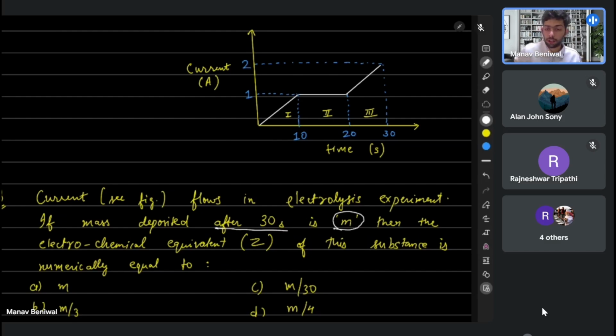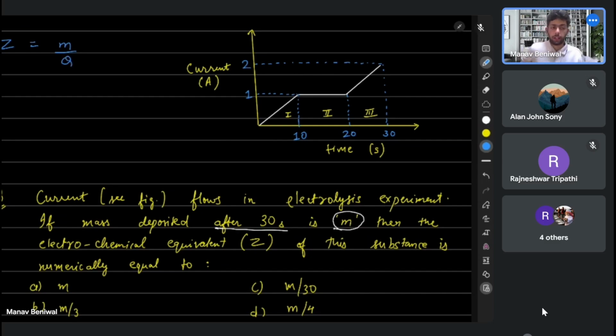Now what we want to find out is the electrochemical equivalent of this substance. How did we define it? Do you remember? The electrochemical equivalent is nothing but mass per unit charge. So Z is equal to m over q.